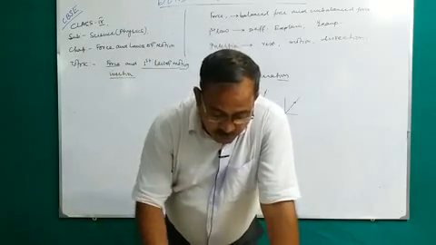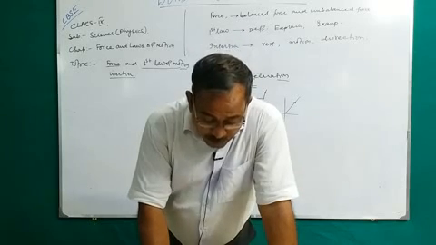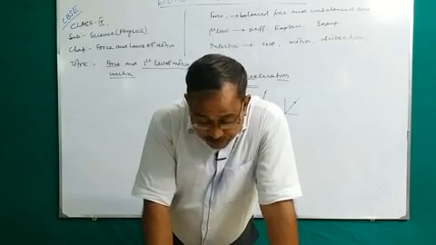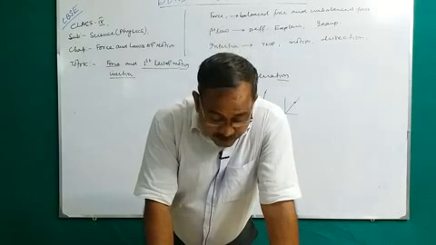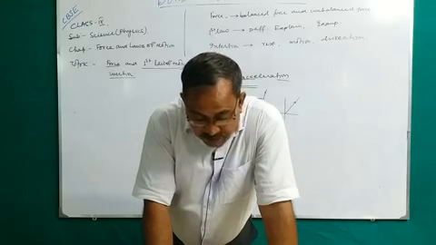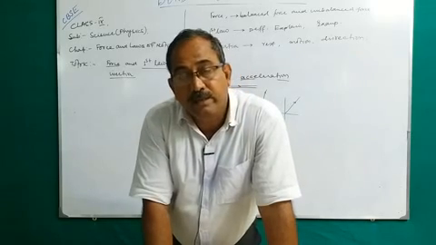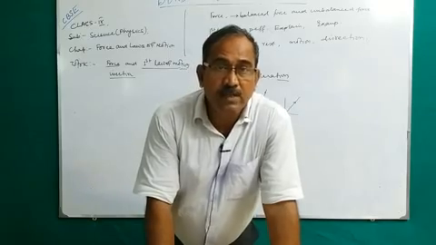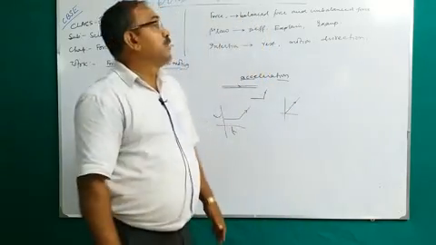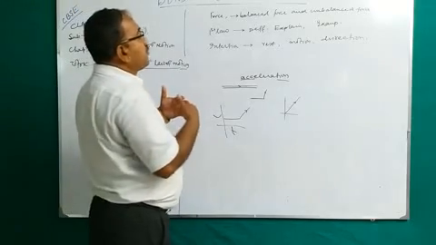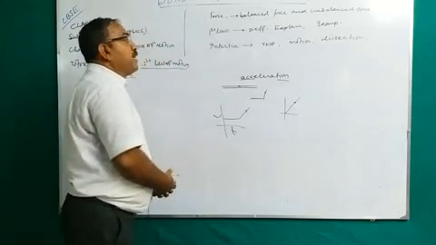From your books you see it: the property of a body by virtue of which it opposes or resists any change in its state of rest or uniform motion is called inertia of a body. Okay. So inertia means the object always tries to stay in its original position.